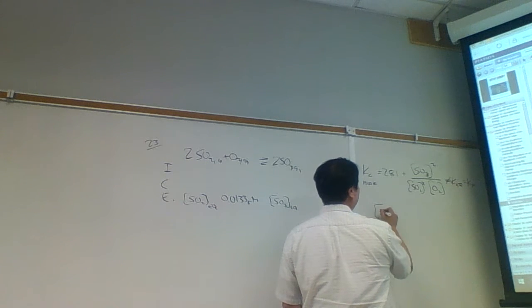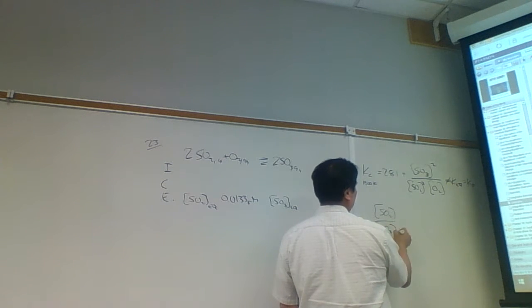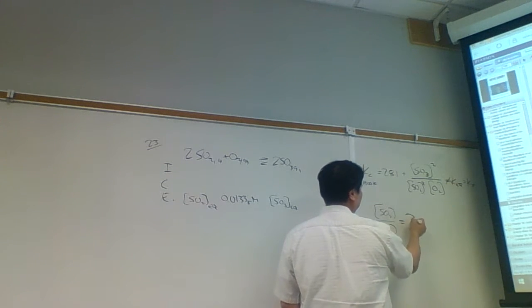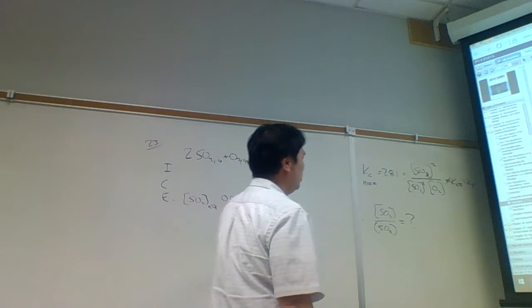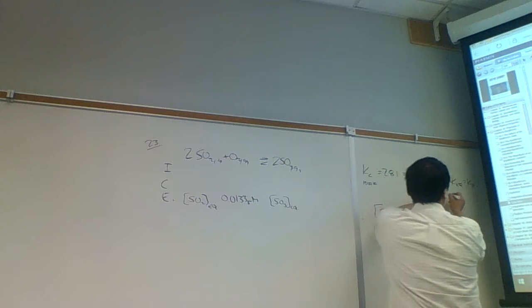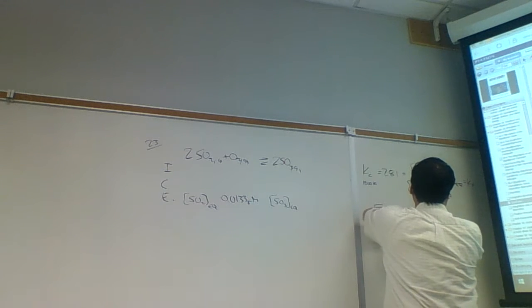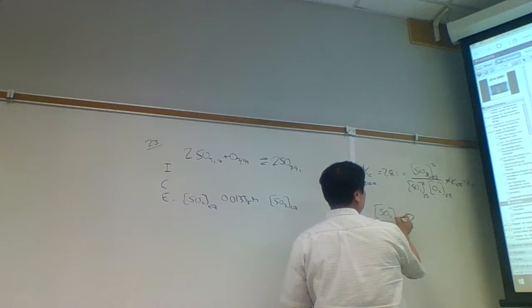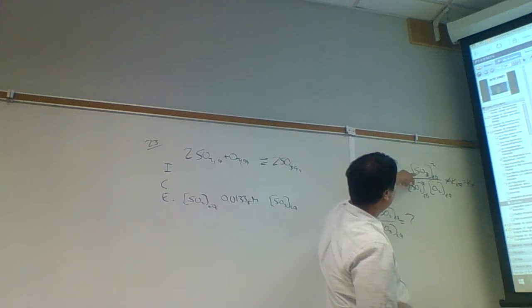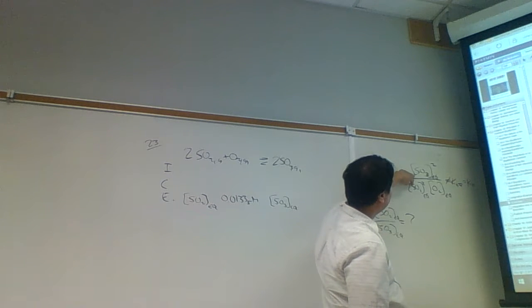So what we want is the SO2 divided by the SO3 ratio equals what? Here, I know what my O2 is at equilibrium. I plug that in here. And I almost have the ratio, it's just flipped. So what I have to do here is invert this.